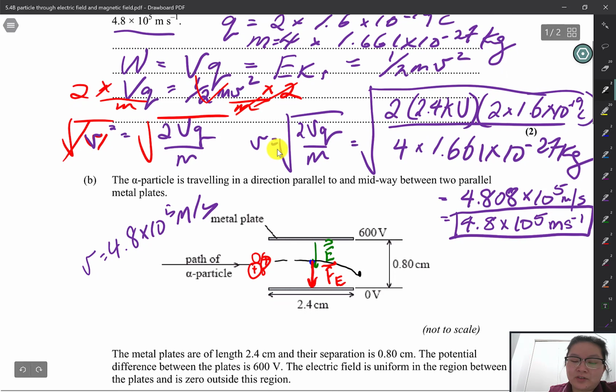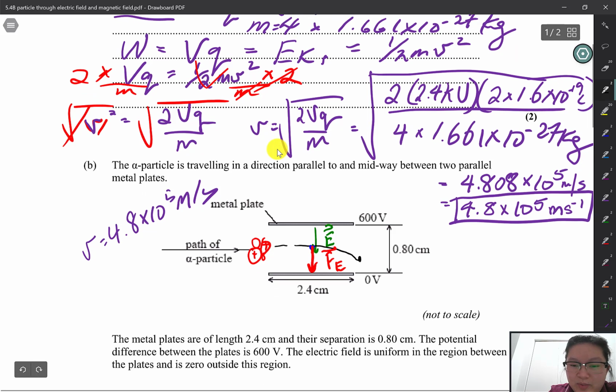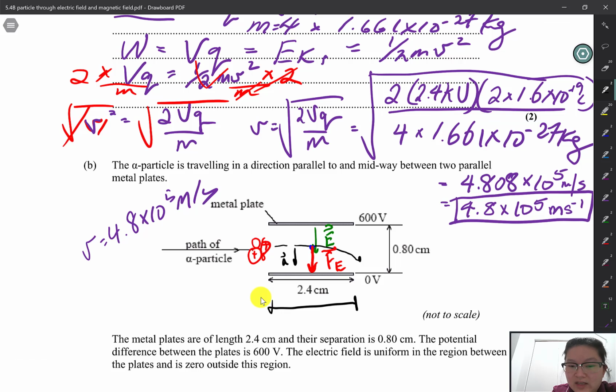A lot of students fall into the trap that they now have the acceleration and they're going to try to use that distance to find out the time. But be very careful. This alpha particle is being accelerated downwards. You want to find the time it takes to go across the plate, not the time it takes to go to the bottom plate.